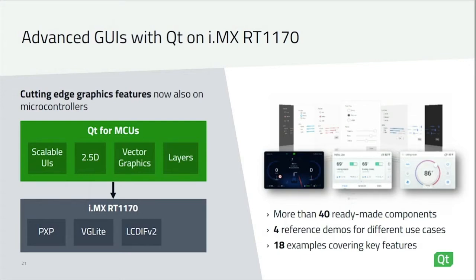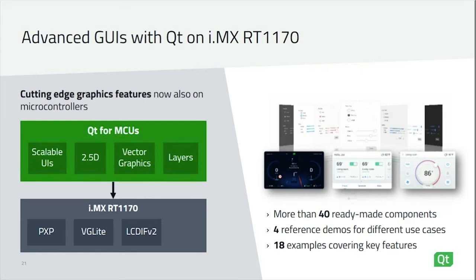But on the RT1170, as Phil already mentioned, you have a really capable GPU, which can handle vector graphics. You can also do 2.5D, which is basically applying 3D transformation on 2D objects. And there is even more. So with Qt for MCUs, you're sure to be able to use all these advanced features of the 1170, as we have all these features available in our product.